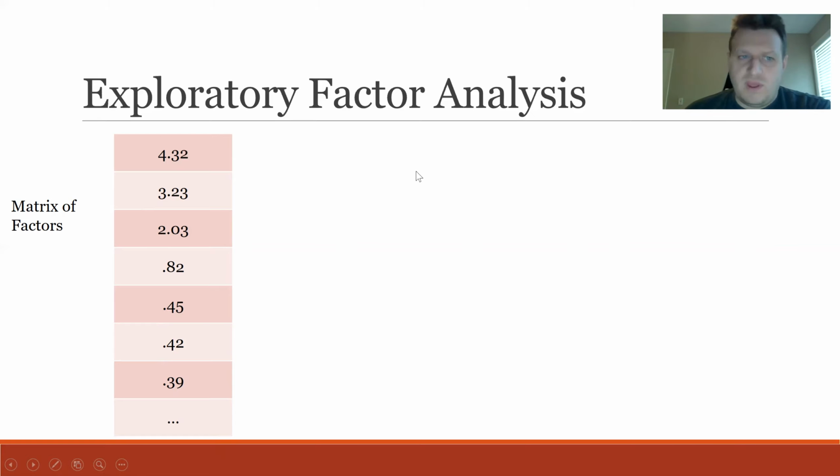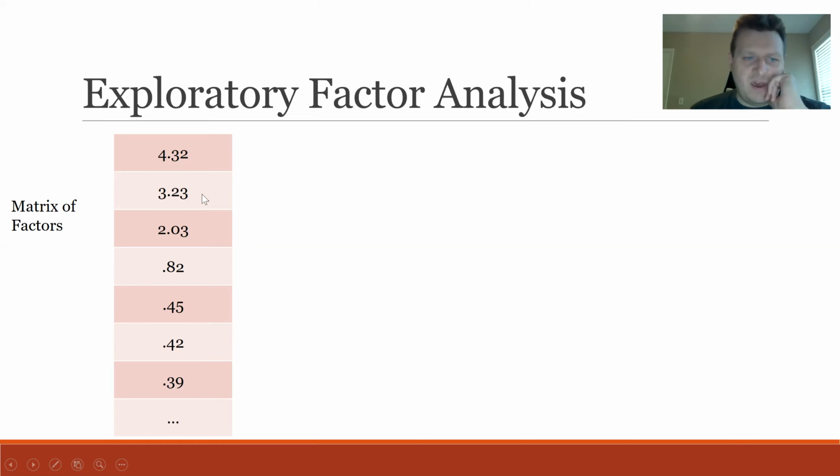What we do is whatever is our first factor accounts for a certain percentage of all the variation in all of the items that we have. We pick a particular cutoff point, and we accept however many factors there are that are above that cutoff point. The cutoff point that we typically use for factor analysis is 1.